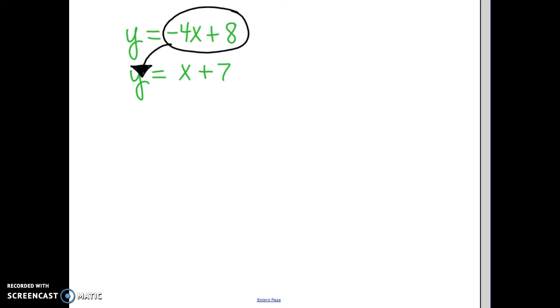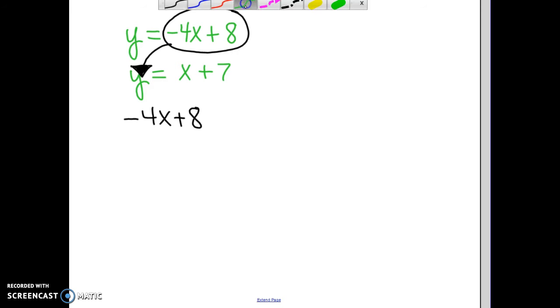So I'm replacing y, I'm substituting for y, with what is in my circle, negative 4x plus 8. And the rest of my new equation continues with the rest of this equation.